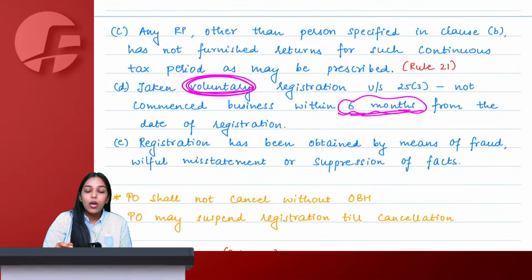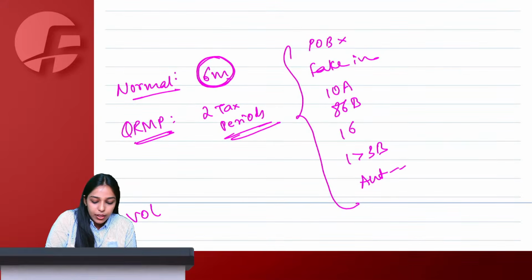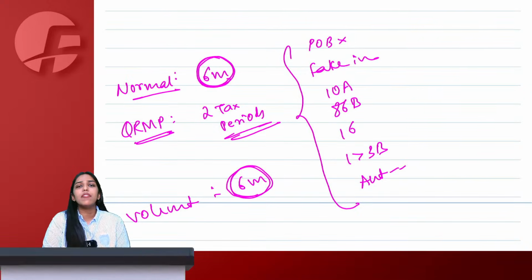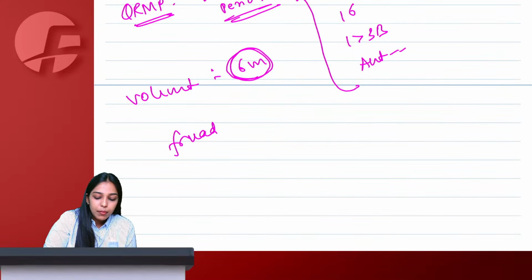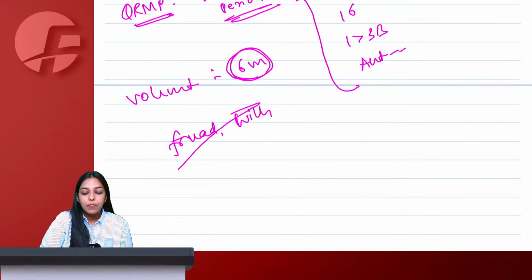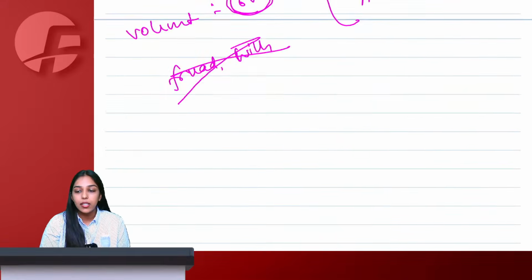Then why did you even take registration in the first place? So we will cancel your registration. Or you took registration by means of fraud, willful misstatement, suppression of fact, anything like that. Then also your registration can be cancelled.